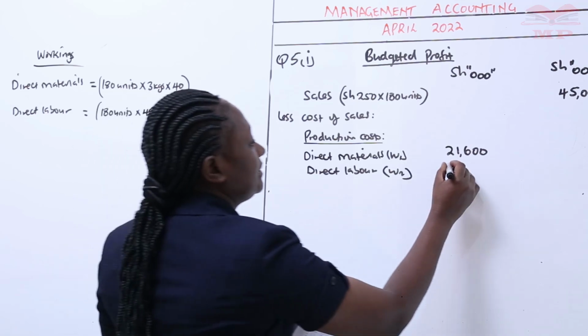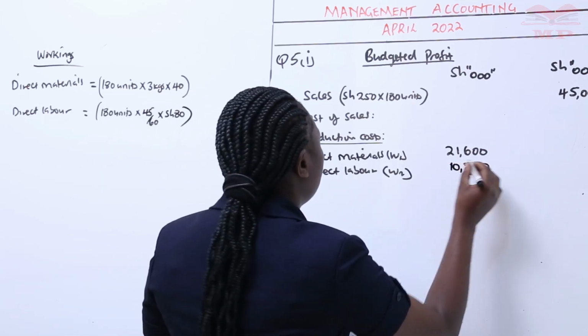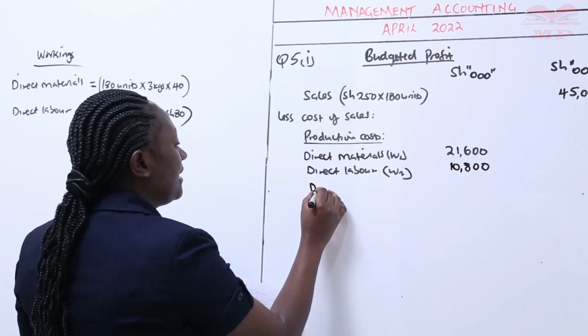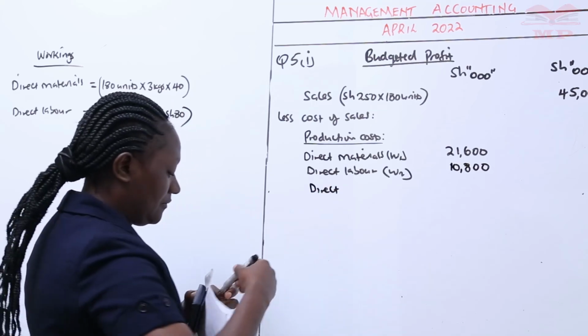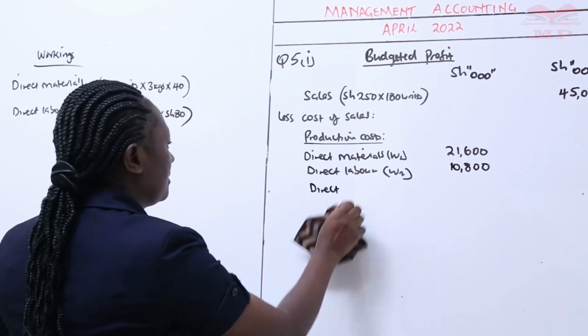This will give us 10,800. Then we have variable overheads.